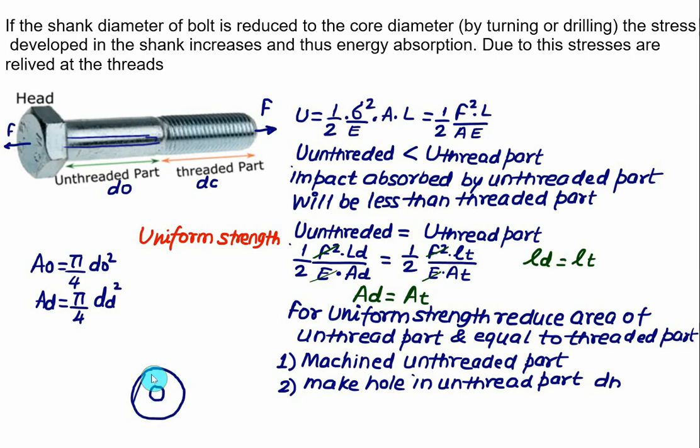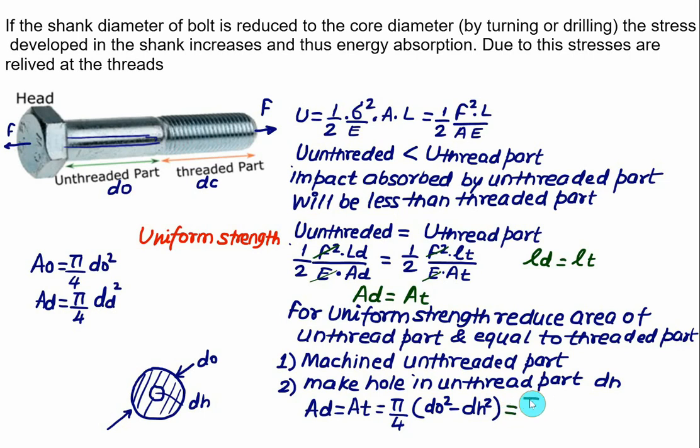The area of the unthreaded portion will be pi by 4 into DO square minus the hole diameter DH square. So AD must equal pi by 4 into the nominal diameter square minus the hole that you have drilled, and you can calculate the size of the hole required for uniform strength of the bolt. We can equate this value with the core area, equal to pi by 4 into DC square.